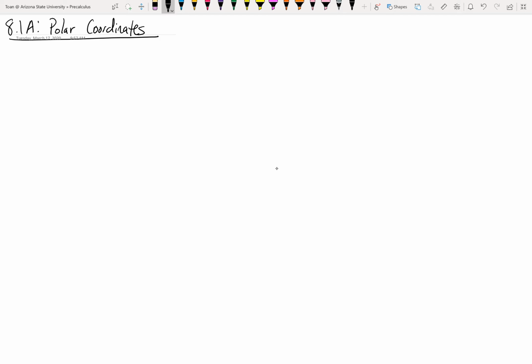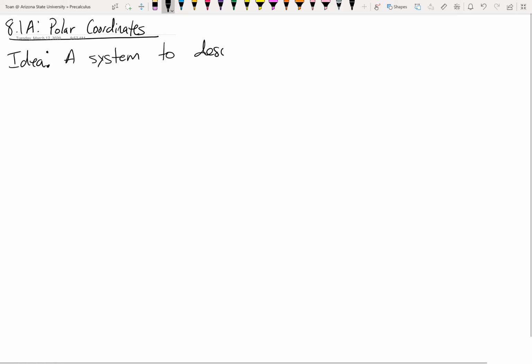So let's start off by talking about the definition of a polar coordinate, or the idea of polar coordinates. Although you typically see these in the context of, quote, high-level mathematics, the idea itself is pretty simple. This is simply a system to describe location.